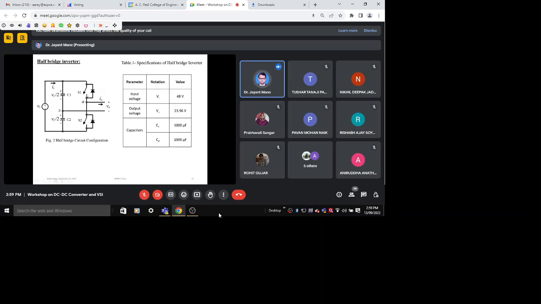So I'll explain it with the waveform. This is some dead time in between switches 1 and 3, which are turned on simultaneously, but without dead time.